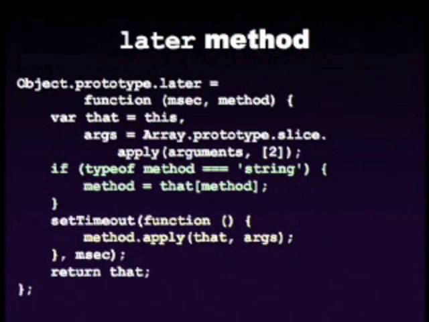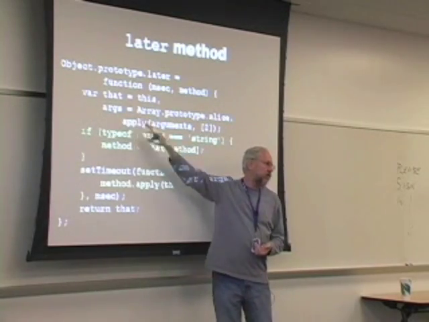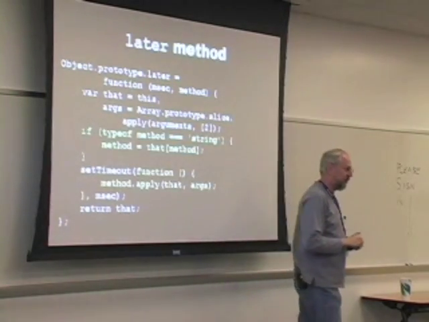And this is how we would code it in JavaScript. We can augment Object.prototype so that all objects in the system will inherit the later property. So that becomes really powerful. All objects now will understand later. And we'll pass in milliseconds and a method. We'll deal with the arguments in a moment. We're doing this little trick here where we assign this to that.